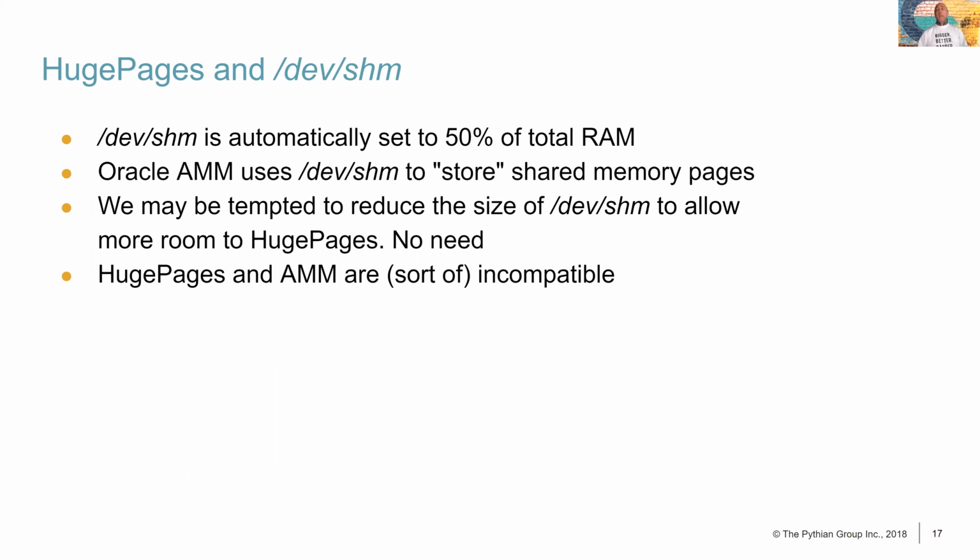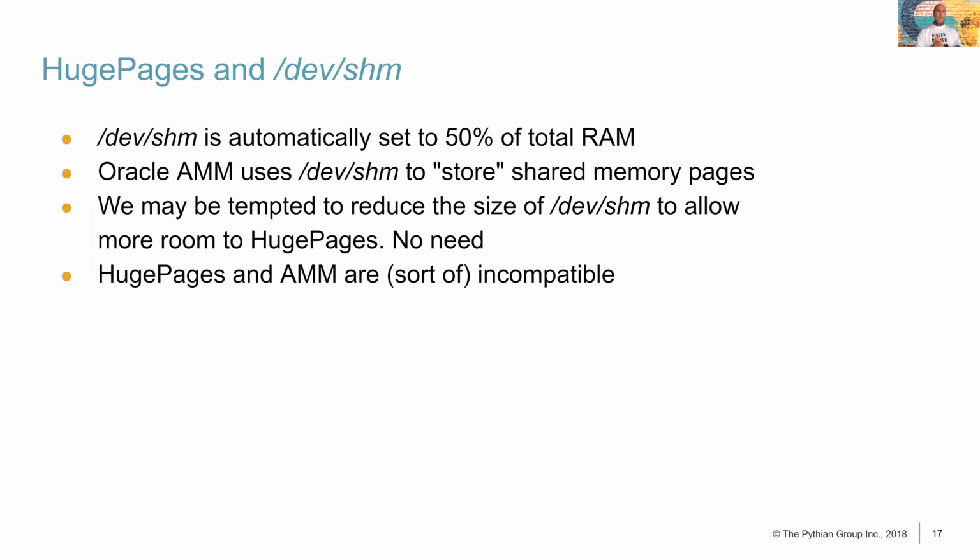Actually, there's no need, because the memory is listed, but it's not actually being used. So initially, we shouldn't need to do anything about it. Which means that HugePages and AMM are compatible as far as AMM is not in use and starts eating up our /dev/shm file system.